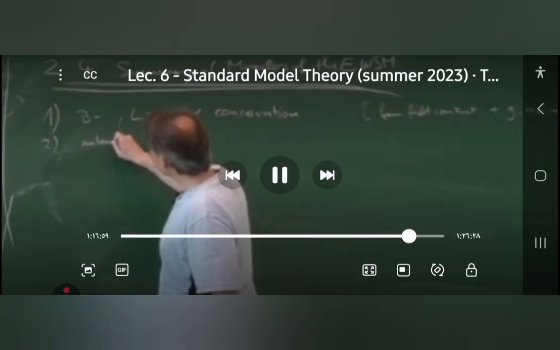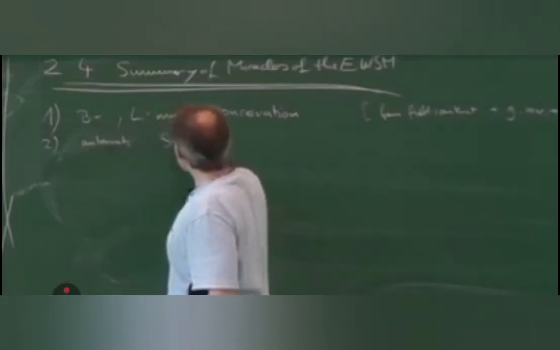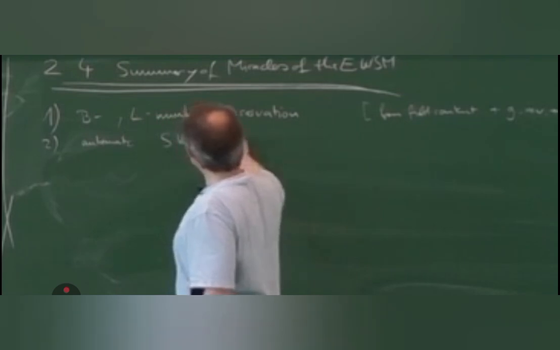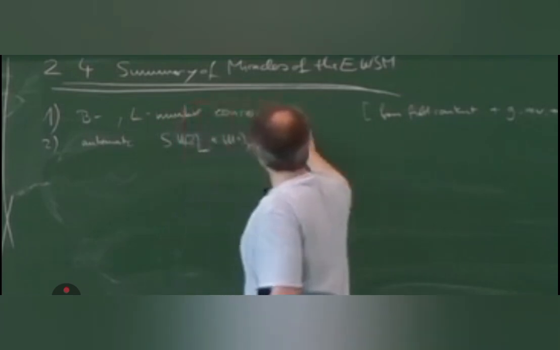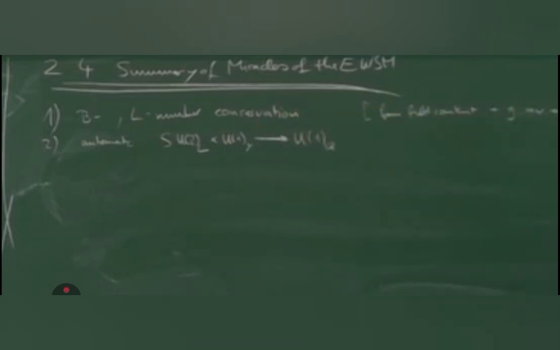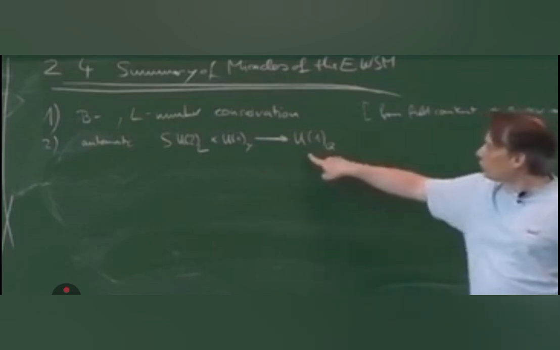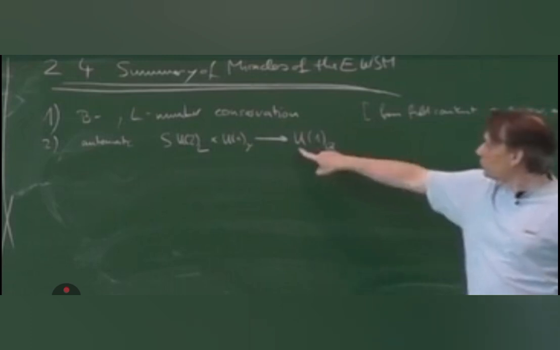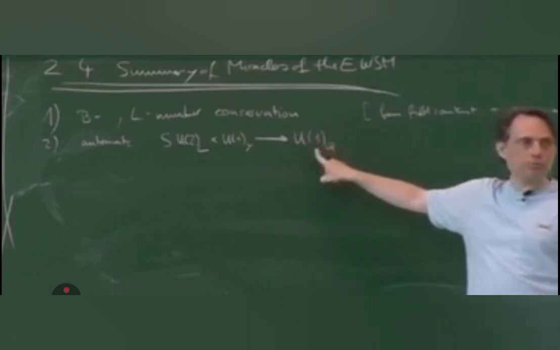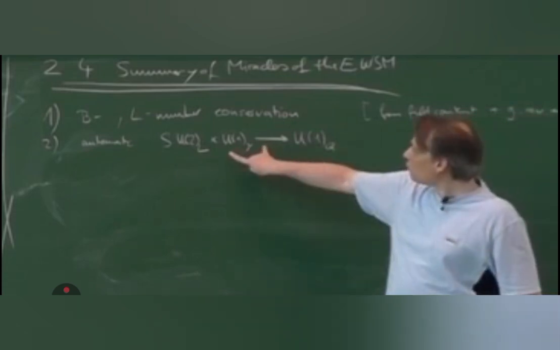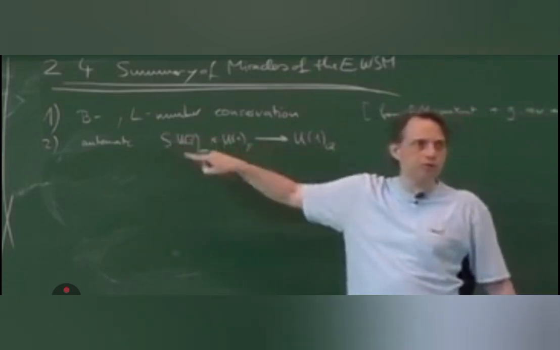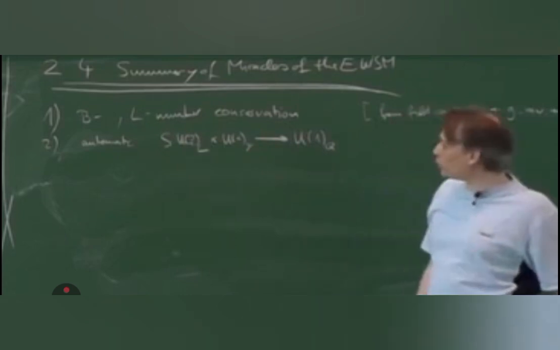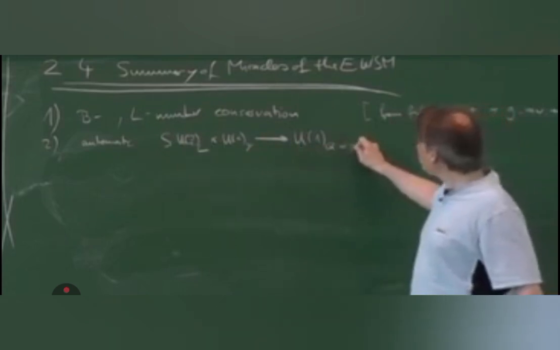Then the second is that we automatically break spontaneously SU(2)_L × U(1) hypercharge to U(1) for the electric charge. And here it is automatic that after the Higgs acquires a vacuum expectation value, there will necessarily be an unbroken U(1) gauge group, and this unbroken U(1) gauge group necessarily is a linear combination of hypercharge with one of the SU(2) generators, and without loss of generality, we can take it as hypercharge plus T3.